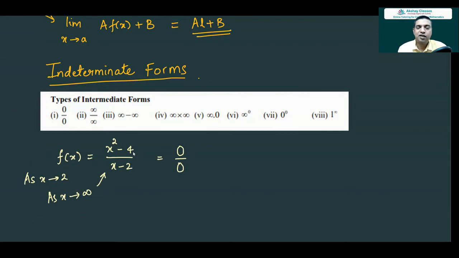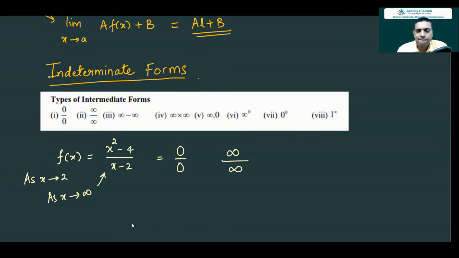So then x square minus 4 will also approach infinity, because x square will be a huge number. If x is 10 power 10,000, x square will be 10 power 20,000, minus 4. Denominator, x is 10 power 10,000, very huge number, minus 2. It will again be a very large value. So you get an infinity by infinity form.